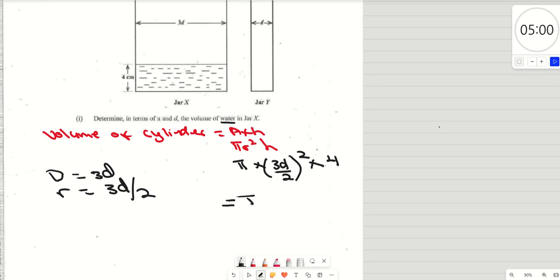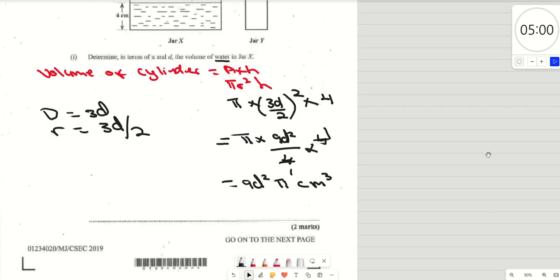This would be pi multiplied by 9D squared, because 3D by 3D is 9D squared, all over 4 multiplied by 4. So at the end of it, it's going to be 9D squared pi, or 9 pi D squared. And because it is volume, this would be centimeters cubed.